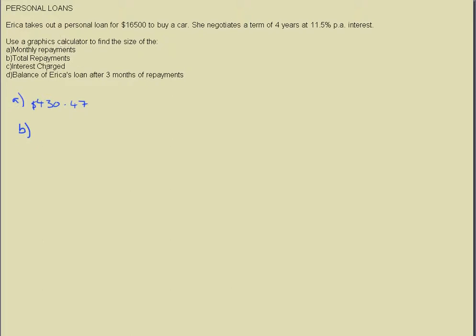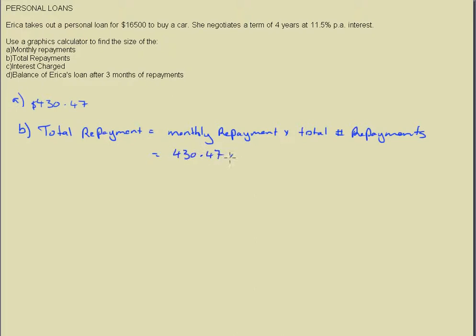We now know our monthly repayment, and with monthly repayments over 4 years, our total repayment is our monthly repayment times our total number of repayments, which is $430.47 times, well, 4 years paid monthly, so 4 times 12.